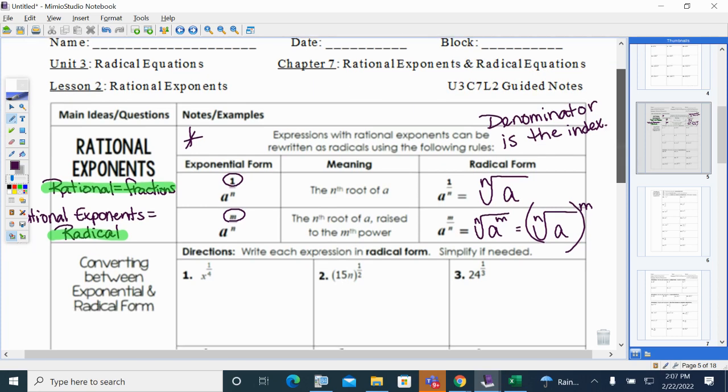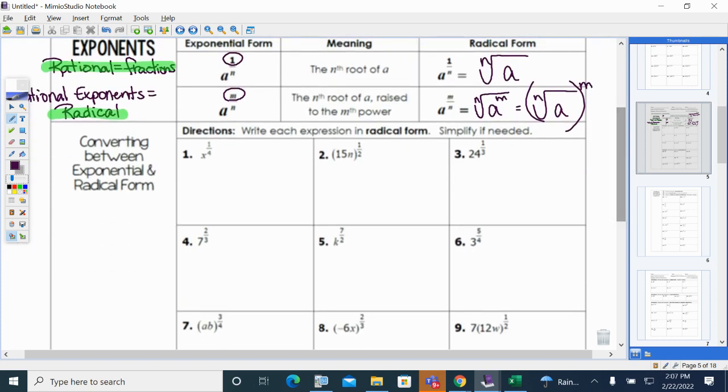So in this first set of examples, all we're going to be doing is converting between exponential and radical form. The directions say to write each expression in radical form, simplify if needed. The first example, x to the 1/4 power, can be rewritten as the 4th root of x. The numerator's a 1, so we don't need to change anything.